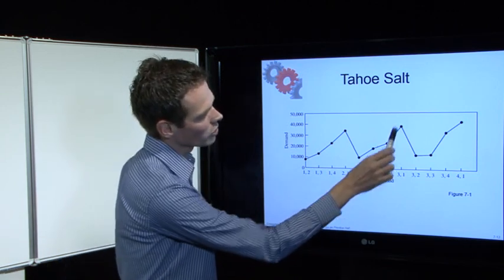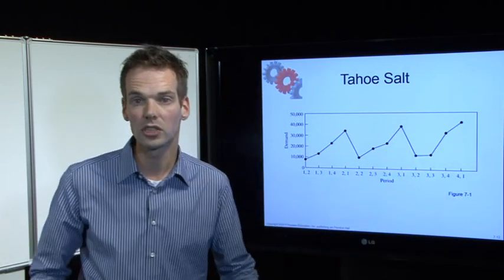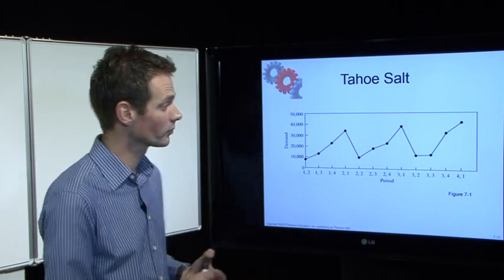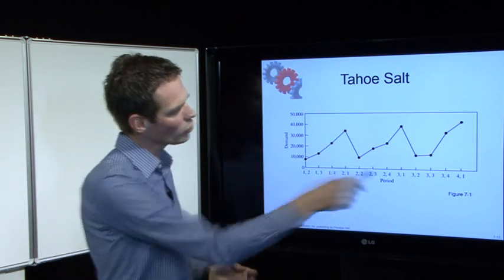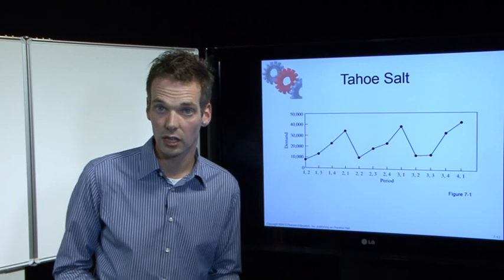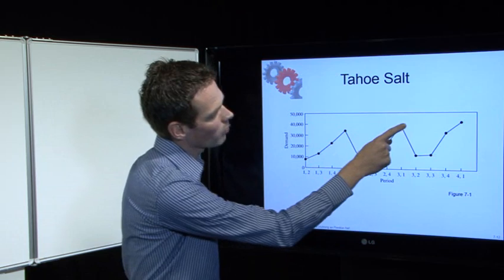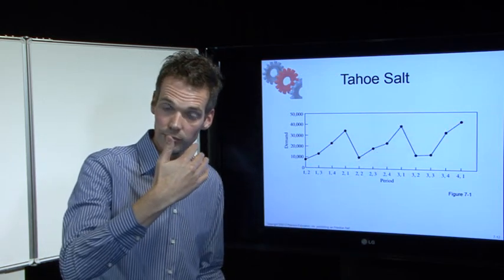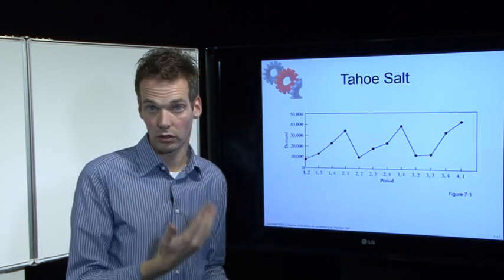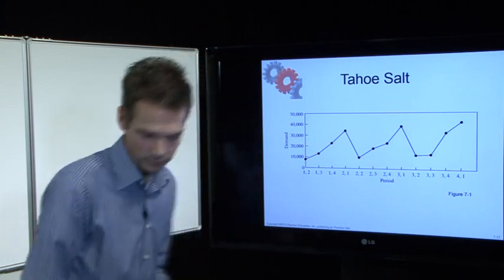Here we see it again, 1, 2, 3, 4, and here 1, 2, 3, and the season tells us that the demand is high and then goes down. What we can also make out of this graph is that there could potentially be an increasing trend, as the highest points go up and the lowest points also go up. But now we're going to see whether or not that is the case.